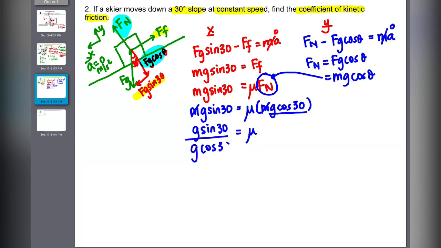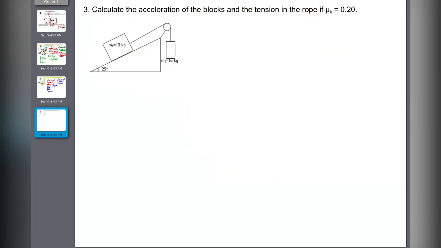So g sine 30 over g cos 30. G and G also cancel. So sine 30 over cos 30. If you want to go tan 30, you're allowed to. And the answer, coefficient of kinetic friction, works out to be 0.58. Oops, no degree, sorry, no units.